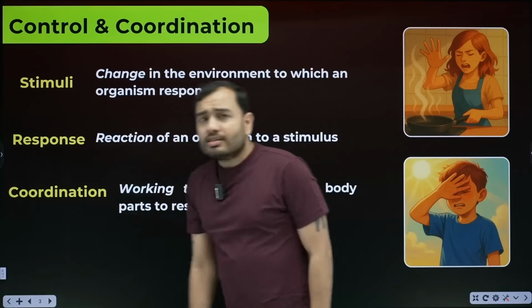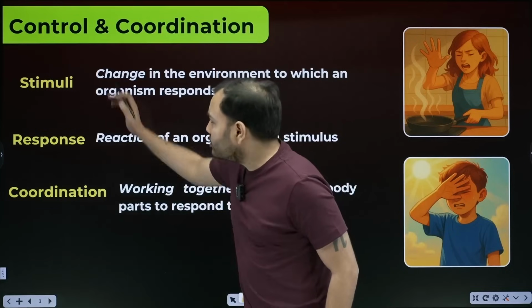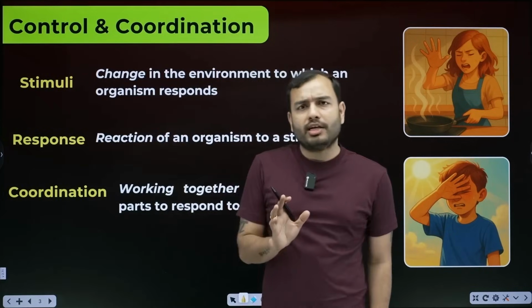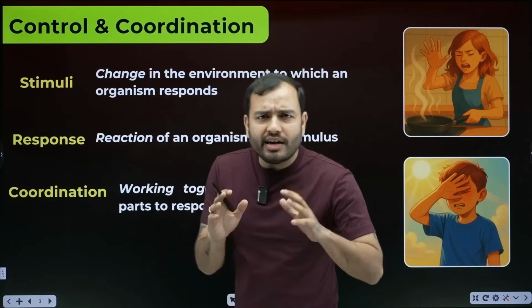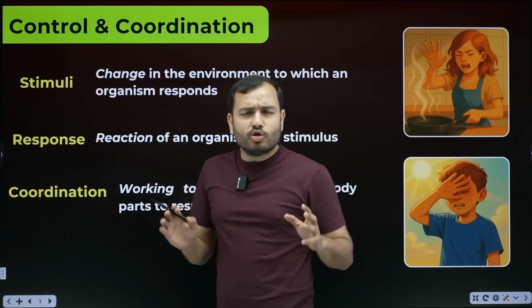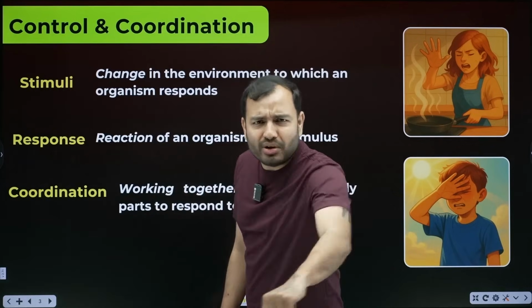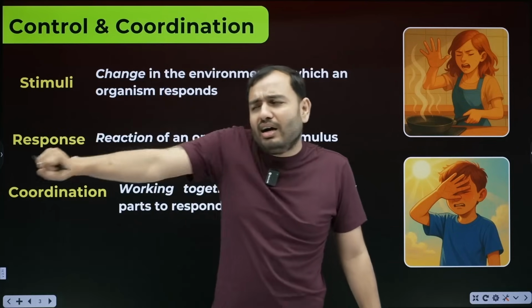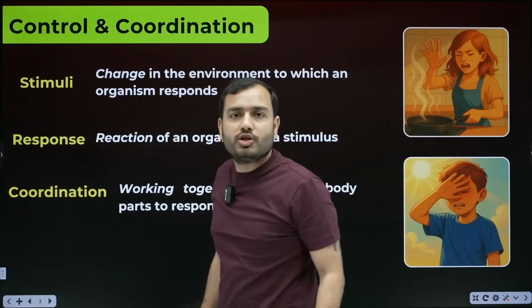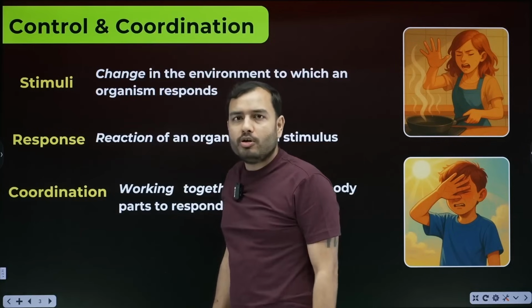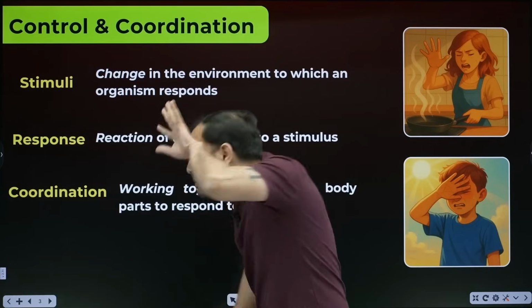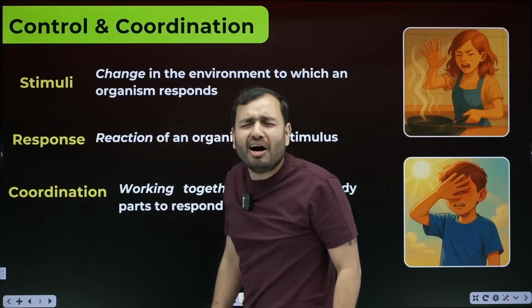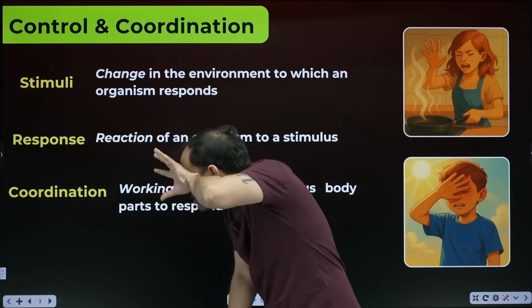Let's begin by understanding two terms, stimuli and response. Let's understand with a story. It's a Sunday, you're sleeping comfortably at home. It's 12 p.m. Mom comes and says, get up, sleeping till 12 o'clock. You get up, open the door, reach the courtyard, and suddenly sunlight falls on your face. We react by closing our eyes, turning our head, putting our hand up.